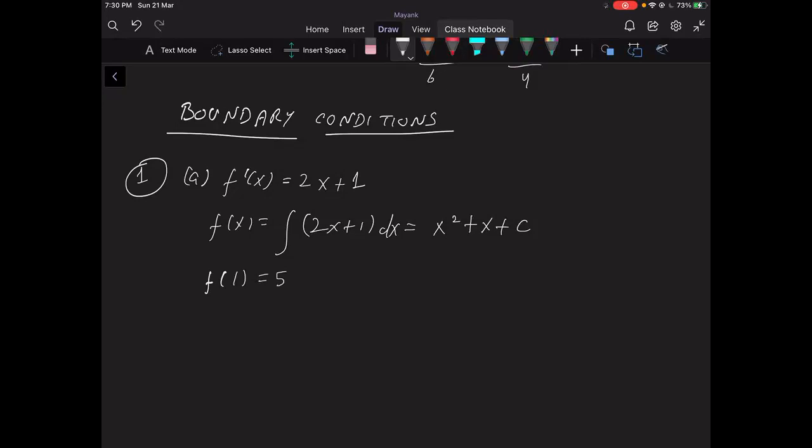They have said that f1 is 5. So C is 3. Yeah. C is 3 is correct.